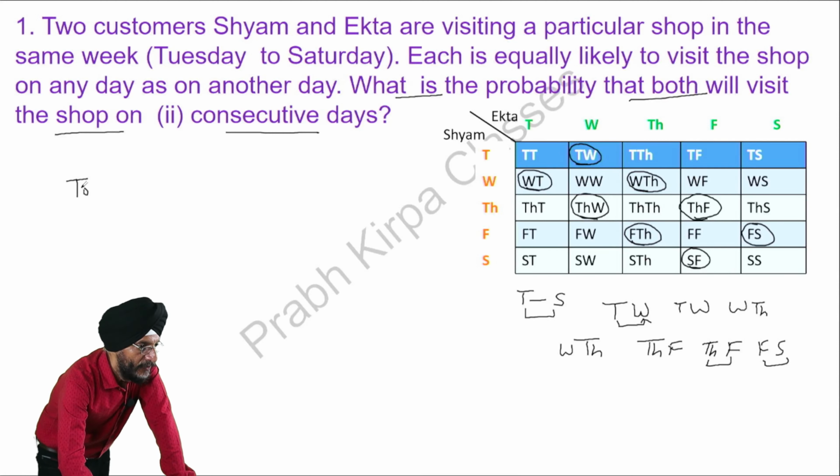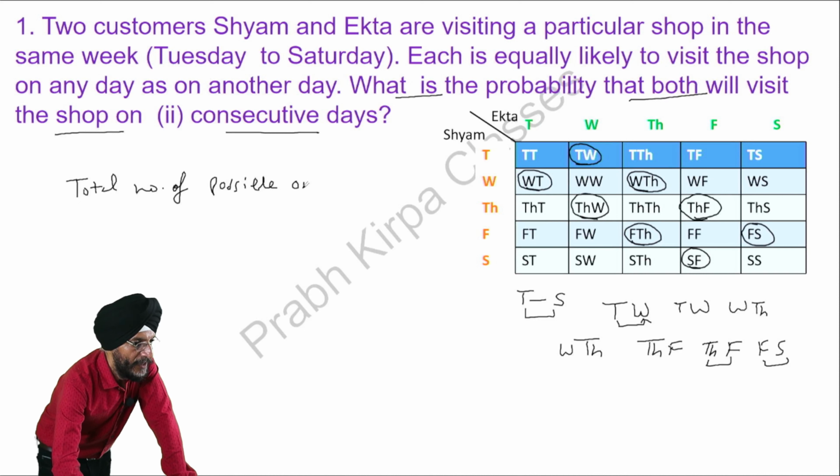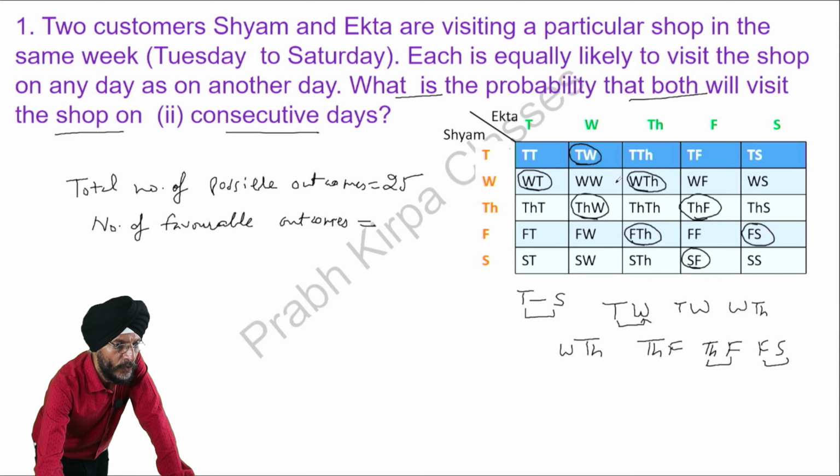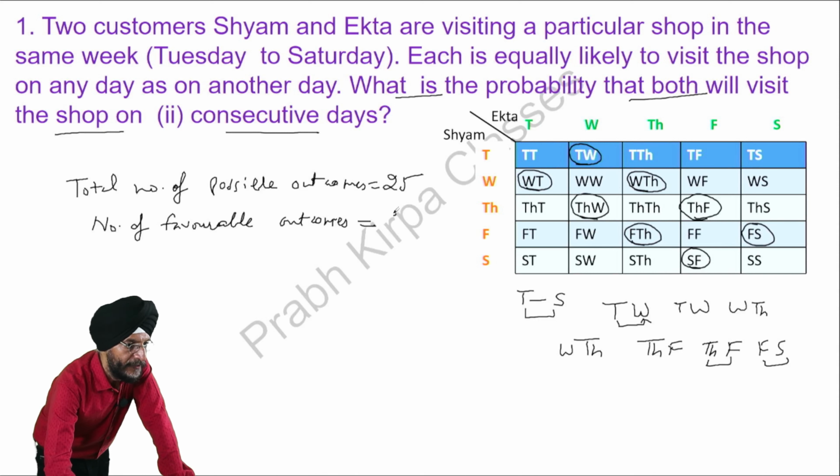So here we will write the total number of possible outcomes. We have already counted that 5 into 5, these were 25. Now the number of favorable outcomes, or number of consecutive days, we have counted 8.